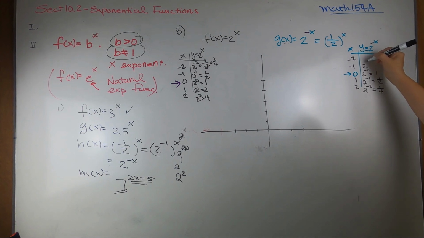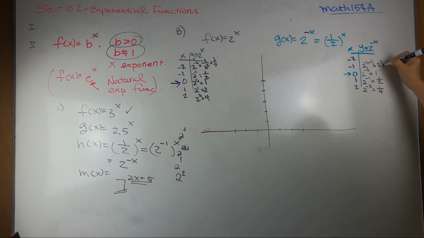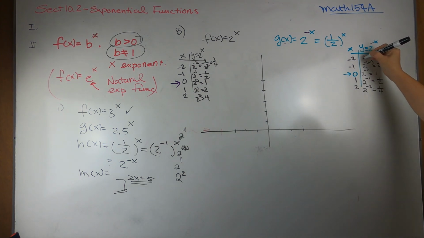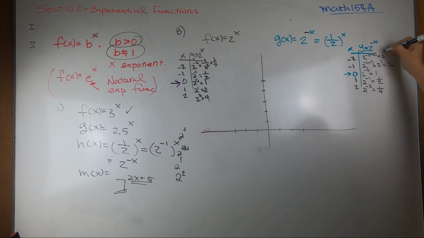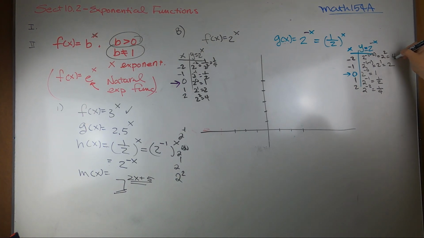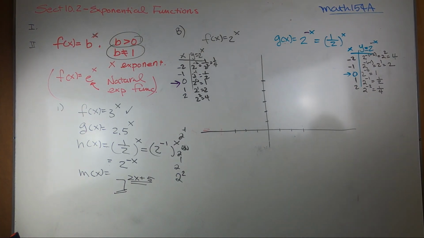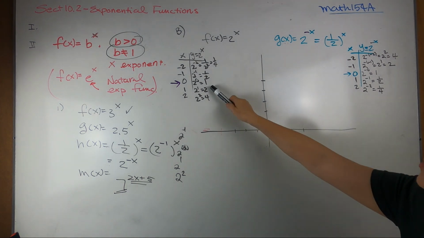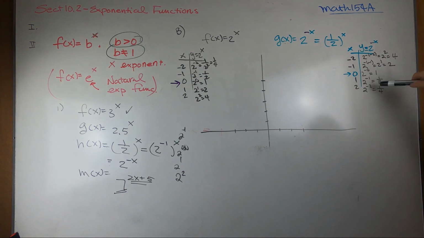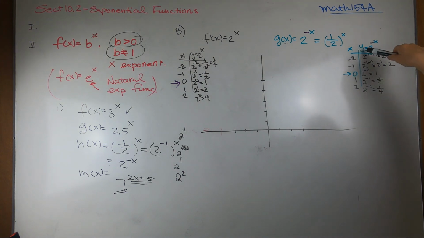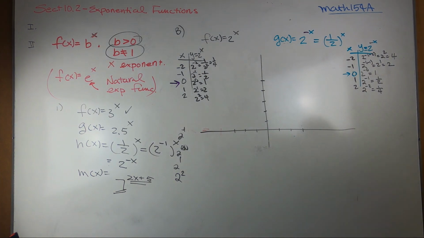When x is negative 1, 2 to the negative of negative 1 ends up 2 to the 1 power, which is 2. 2 to the negative of negative 2 will be 2 to the 2 power, which is 4. Right? What's the difference? Here it's 1/4, 1/4, half and quarter. So it's kind of the same values with different signs, right? Opposite.